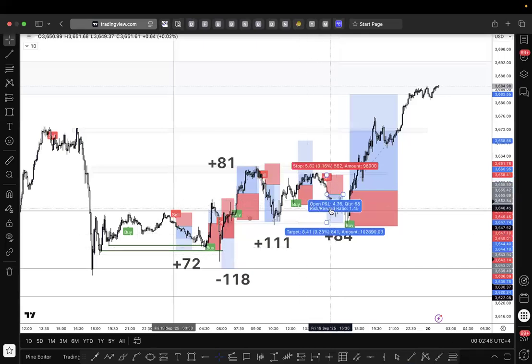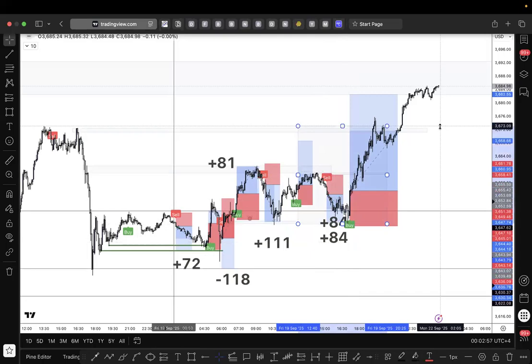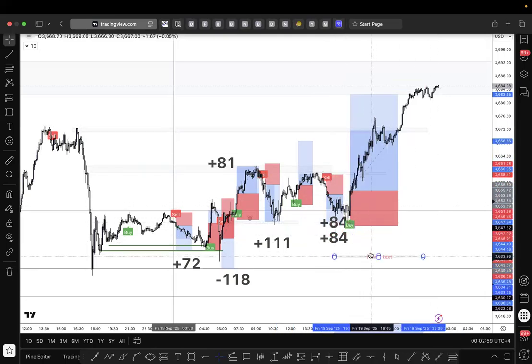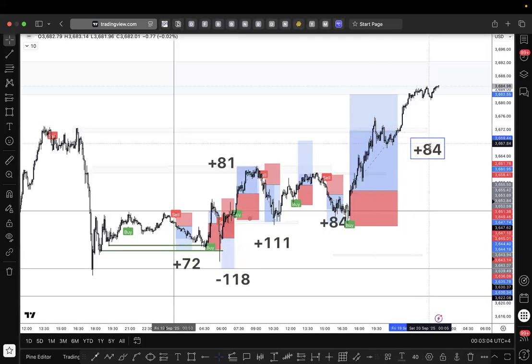And this one is not 84. It's okay. Yeah, I'm correct, 84 pips. So I will have the last one that did, let's see, 288 pips.